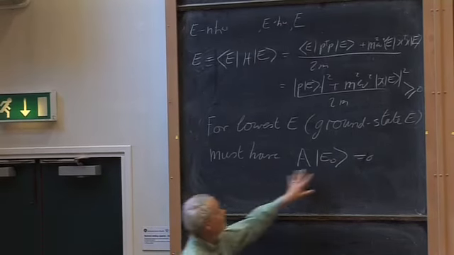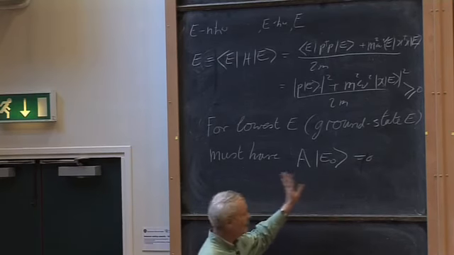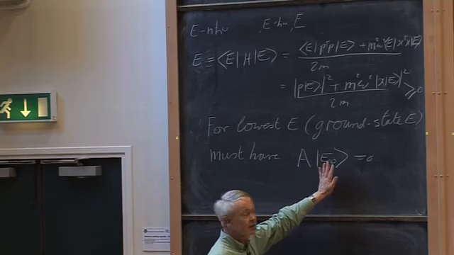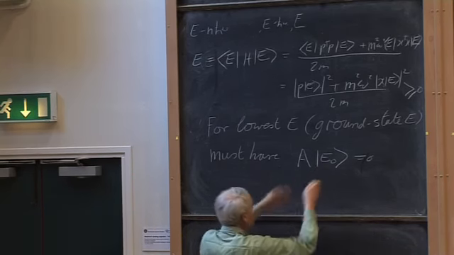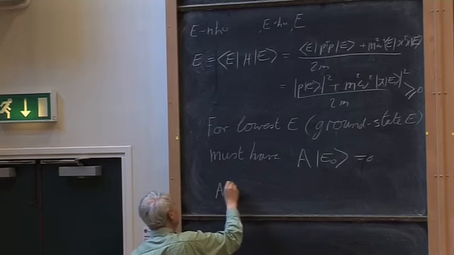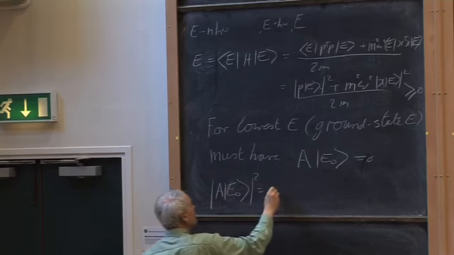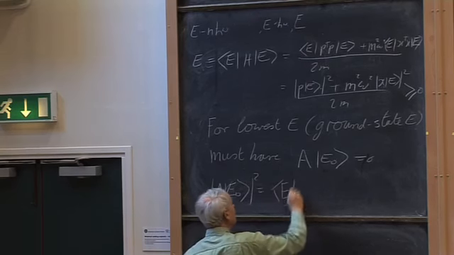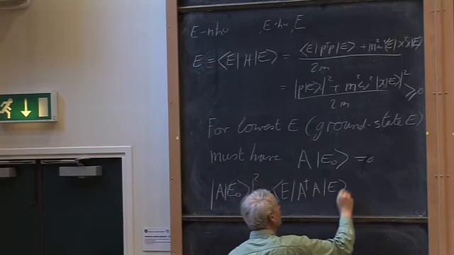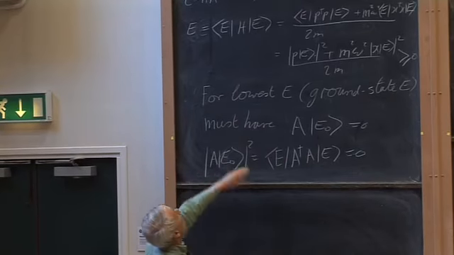So what does this equation mean? To give more precise meaning to it, what we say is that this ket that you get here has no length squared. So let's evaluate the mod length squared of A E0, which is equal to E0 A dagger A E0, and is nothing. But this thing, we have it somewhere up there.